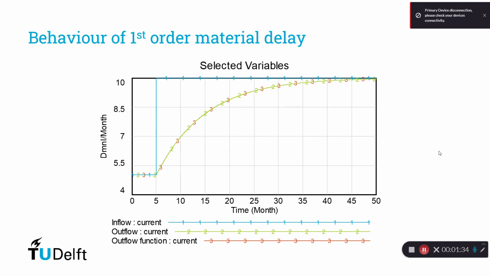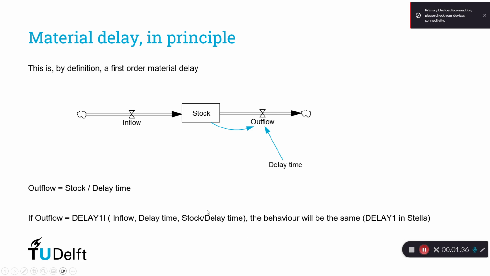You can define this both with a function, so you see the function here in the case of Vensim. If you use the function, it takes the inflow, the delay time, and the stock divided by the delay time as the initial value. And the behavior is the same. You have a similar function, DELAY1, in Stella, where the initial value is optional.